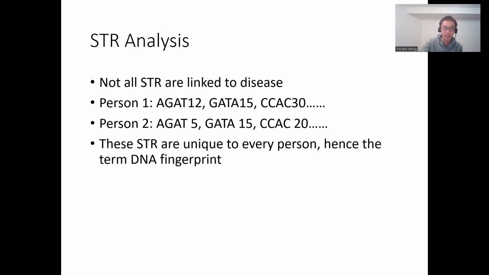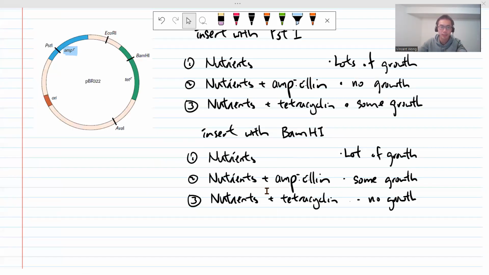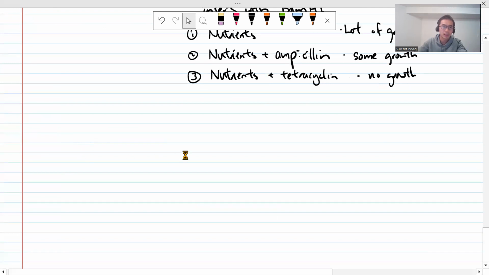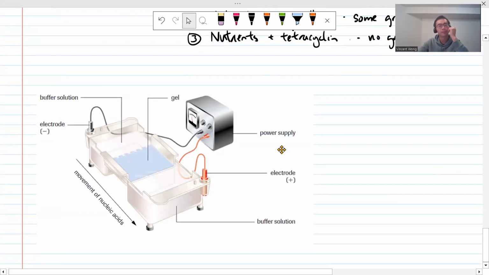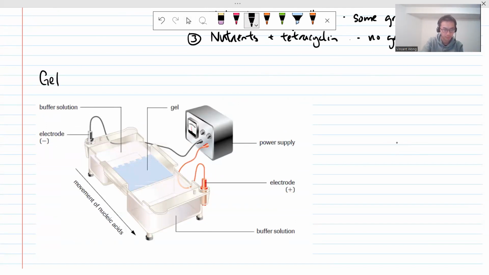Now, how do we exactly do this? Well, to understand this, I have to teach you another technique. This is called gel electrophoresis. Let me just take some notes for you on the OneNote here, and then I'll show you a video that shows you how this actually works.